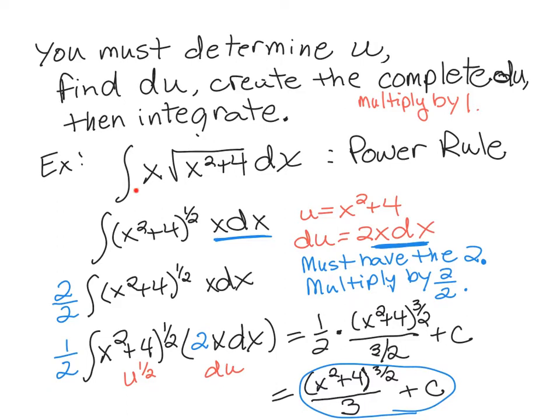So, first problem, x times the square root of the blob. Now, you see that you have a function inside some operator here. This square root is just an exponent. It's a 1/2 power. So when I rewrite my question, I've got blob to the power, and all the rest of it is x dx.